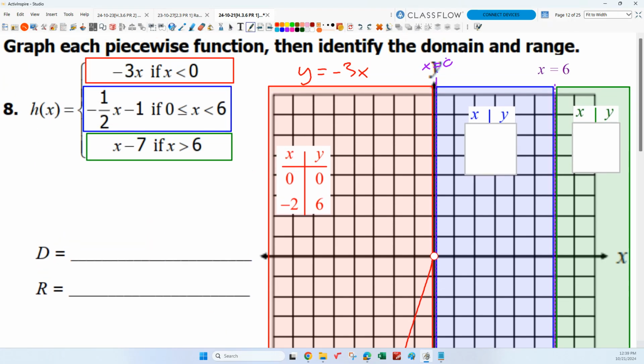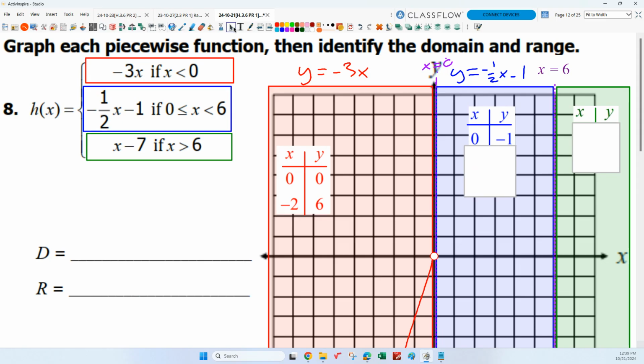What should our endpoints be for that middle piece? 0 and 6. What if I plug 0 into the blue equation, which is just y equals -1/2 x minus 1? If I plug 0 in for x, what do I get for my y? -1. -1/2 times 0 is 0, minus 1 is -1.